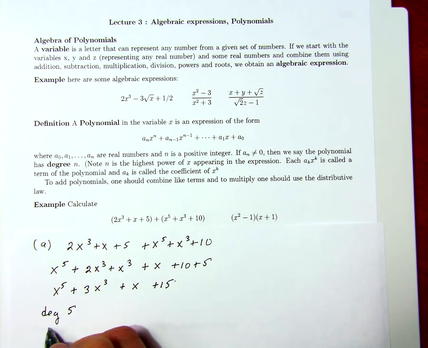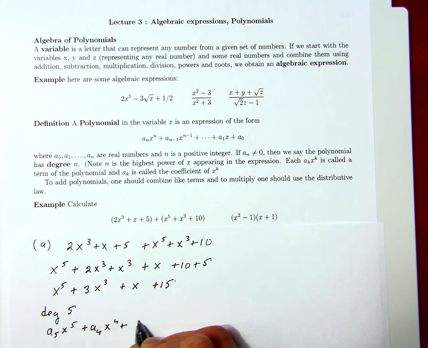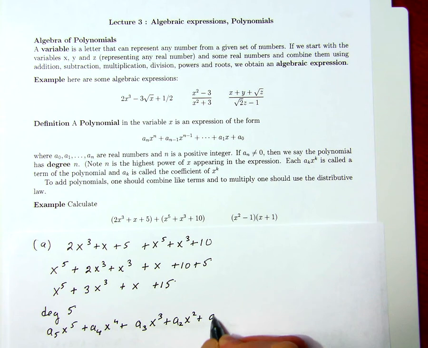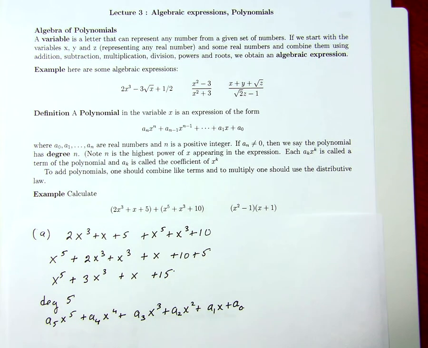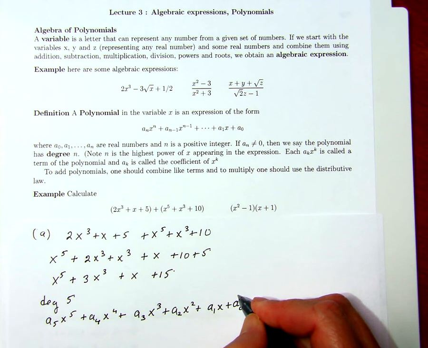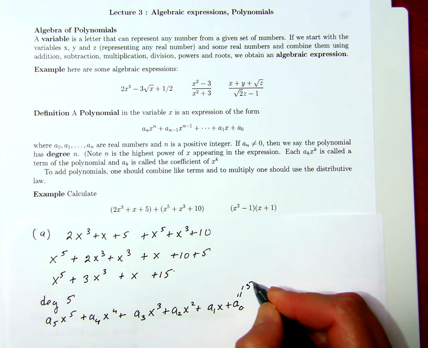and it's equal to a5 x to the 5 plus a4 x to the 4 plus a3 x cubed, let's say plus a2 x squared plus a1 x plus a0. So how does this fit the definition of the polynomial? Well, the constant term here is 15.